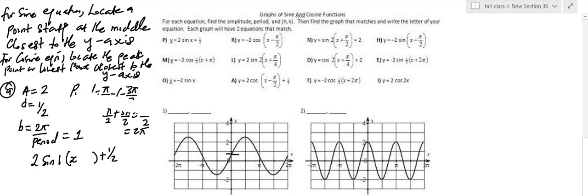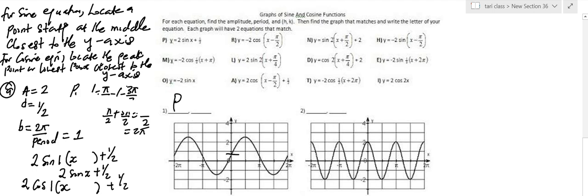So because of that, this graph has no phase shift when it comes to sine. So therefore, my answer will be 2 sine x plus 1 over 2. From the options I have here, it is P. Now let me do it again for cosine. The amplitude doesn't change, which is 2 cos. The B doesn't change, then the D doesn't change, plus 1 over 2.